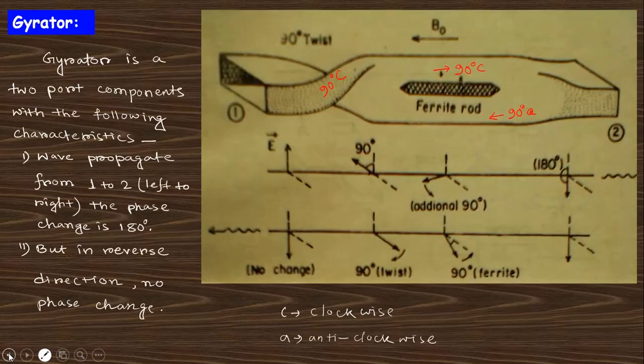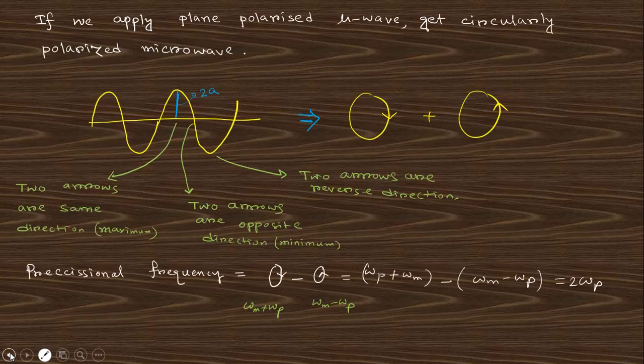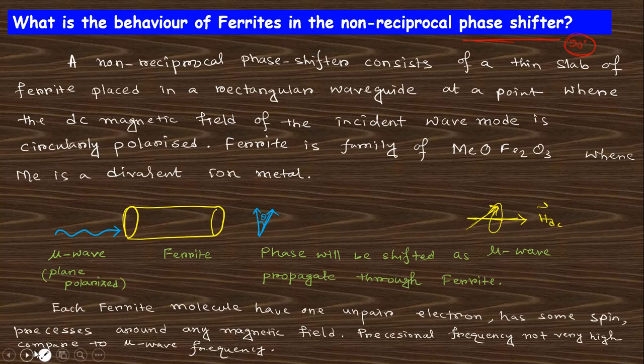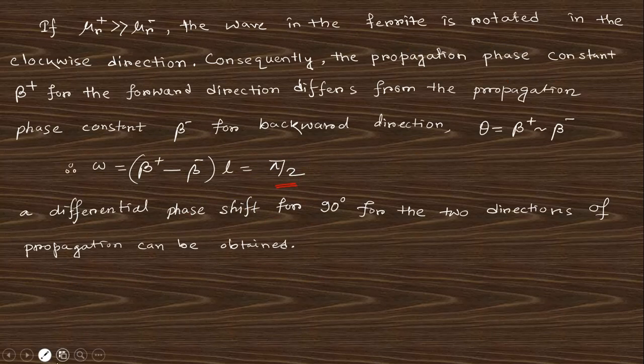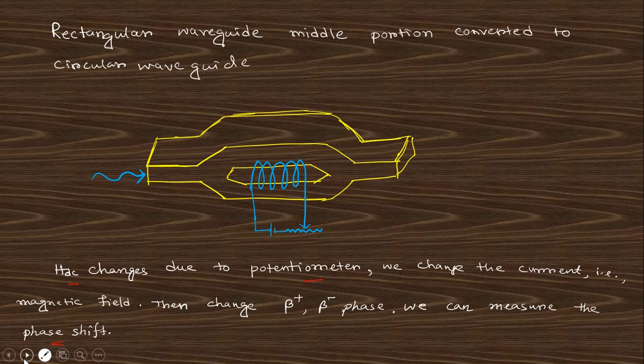At first we learned about the ferrite material, which is the main nonlinear component, and this ferrite material makes a phase change of 90 degrees. Using this ferrite material we can change the phase using this arrangement, because the ferrite material will change by using this current flow, that means the magnetic field changes, and then the ferrite material phase will change.